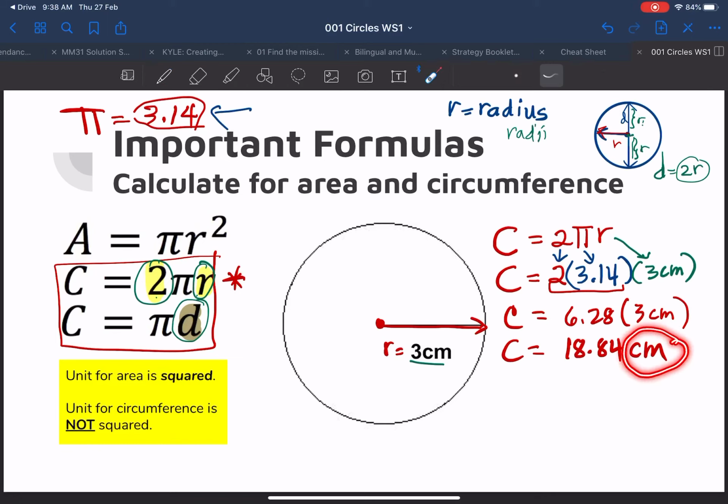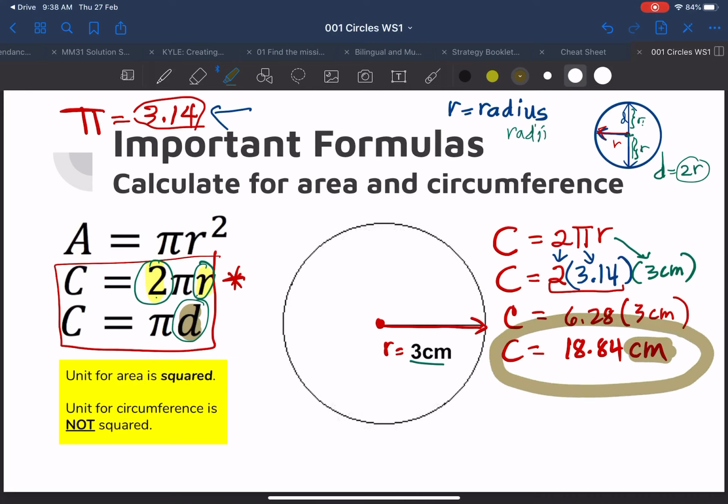The unit is not squared. The unit for circumference is not squared. Why? Because you do not see any square sign here. The square sign is only for area. That's why for circumference, the unit is not squared. So this is the answer to this question.